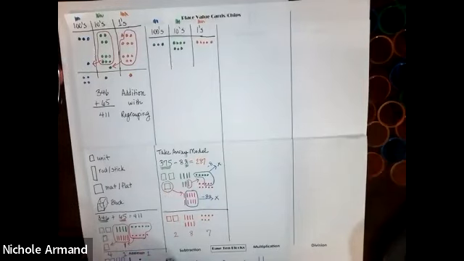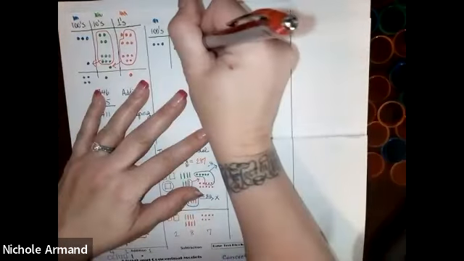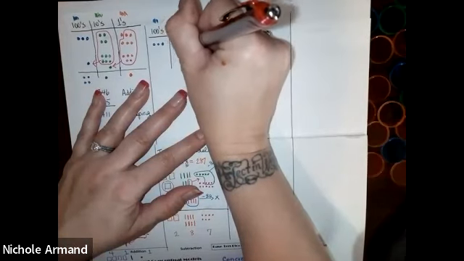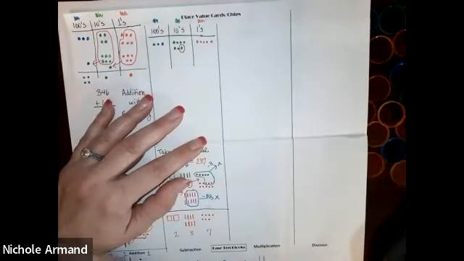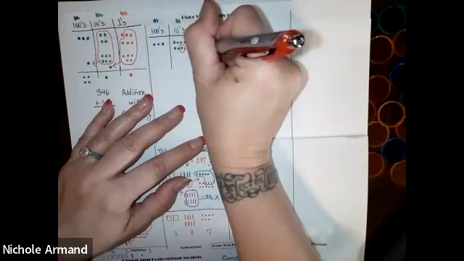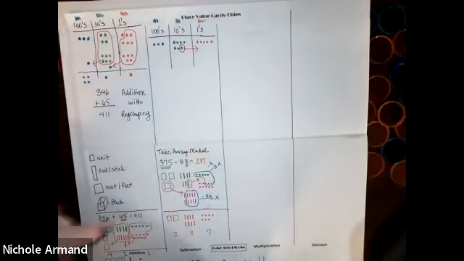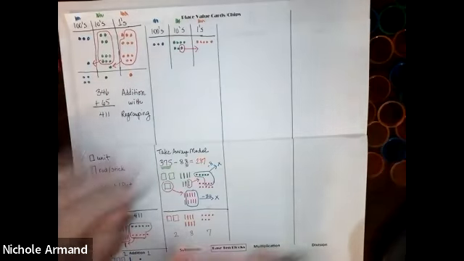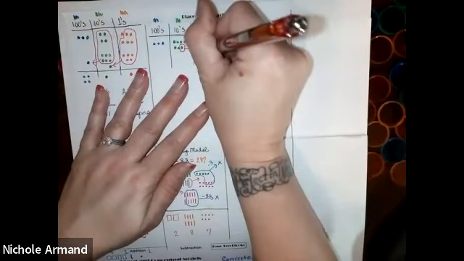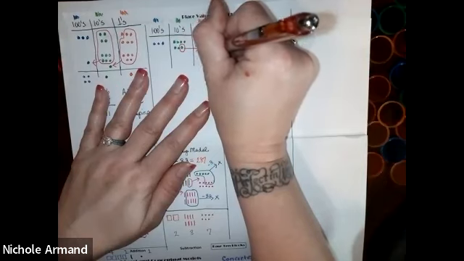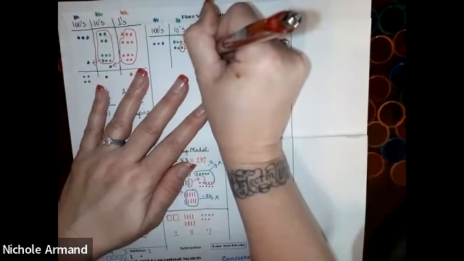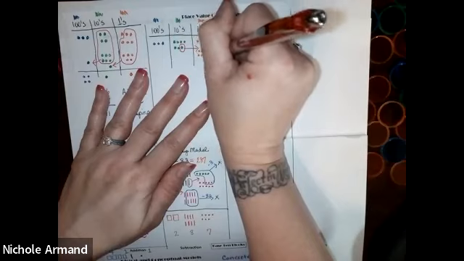But I can't do that because I don't have 8 orange chips. So I'm going to take one of my green chips and I am going to exchange it for 10 orange chips. 1, 2, 3, 4, 5, 6, 7, 8, 9, 10.